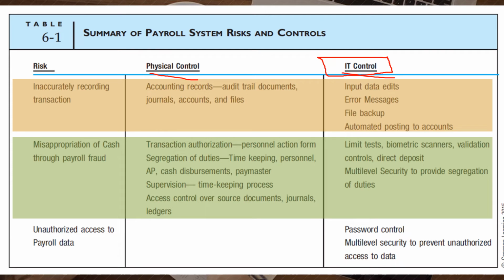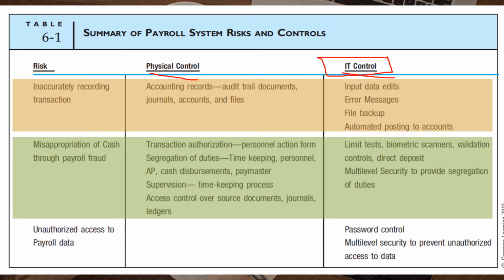Then segregation of duties between timekeeping, personnel, accounts payable, cash disbursement, and paymaster. All of these actions should be segregated. And then supervision of the timekeeping process, then access control over the source documents, journals, and ledger.